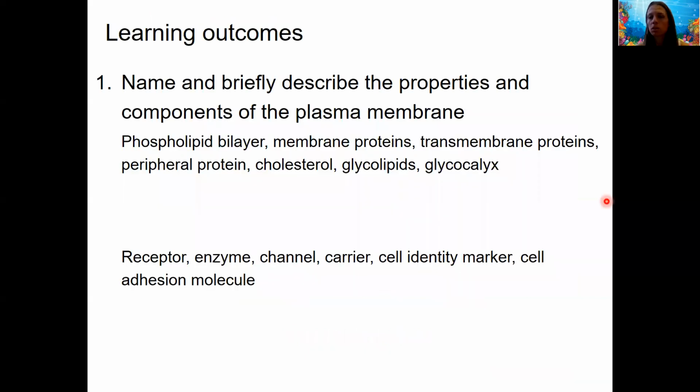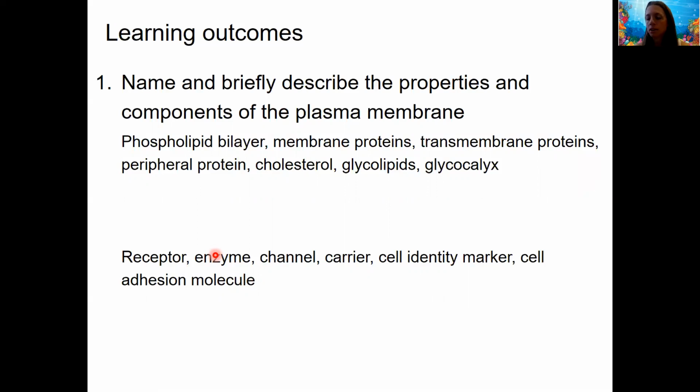So the first learning objective is to name and briefly describe the properties and components of the plasma membrane. So ignore these down here for now. Phospholipid bilayer, membrane proteins, transmembrane proteins, also called integral proteins, peripheral proteins, cholesterol, glycolipids, and glycocalyx. I could have glycoproteins up there as well.